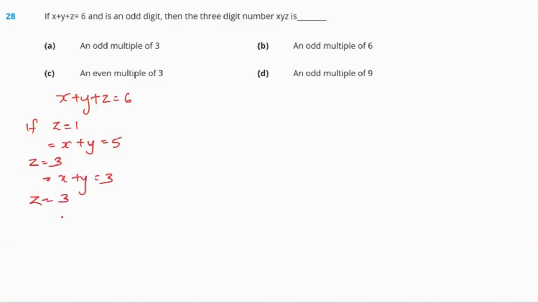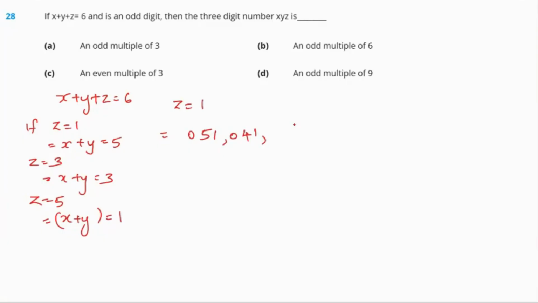And when we take z is equal to 3, we have already taken 5. Okay, next odd number, that is z is equal to 5. x plus y will become what? 1 only. Okay, 1 plus 5, 6. So when z is equal to 1, what are the possible cases we can write here? Yes, 0, 5, 1 can be a possible case. 0, 4, 1 can take 4 plus 1.